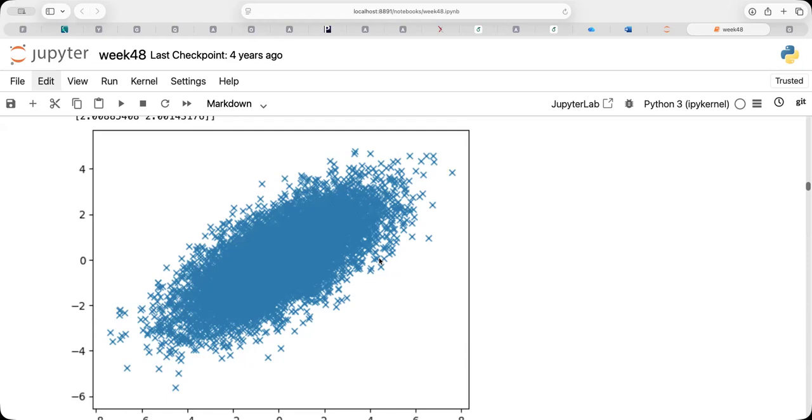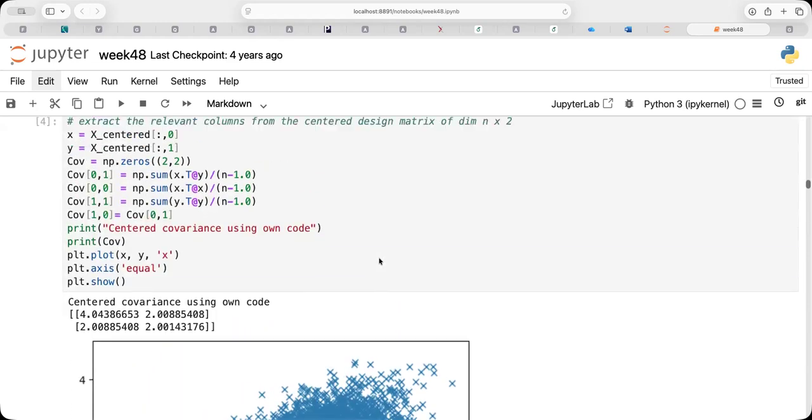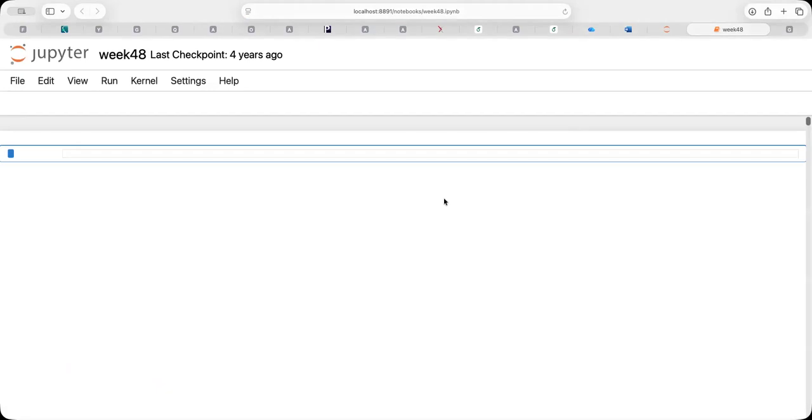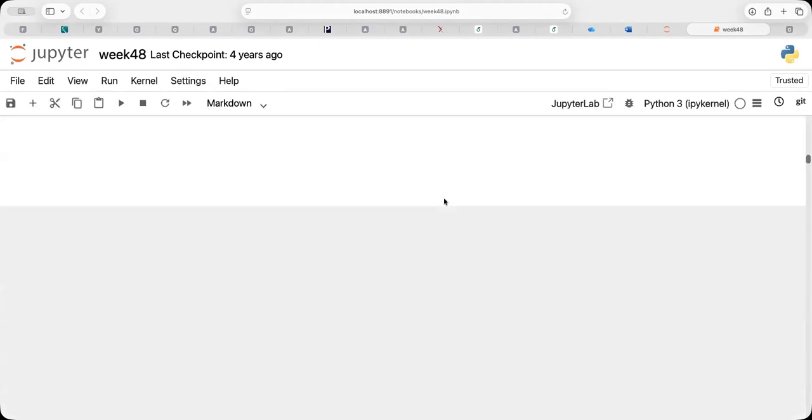Now, one thing I could do is the following. If I go back to the problem which we had here, sometimes this disappears. This is something which has been irritating with the Jupyter notebooks lately, and I don't know why that happens. So let's scroll down again.